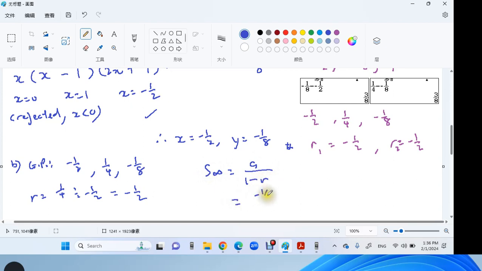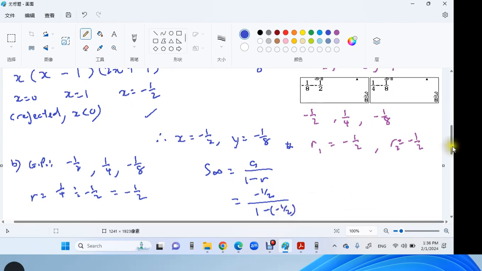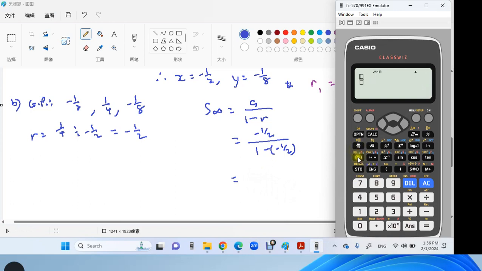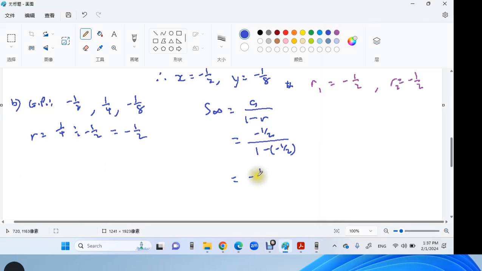So it's negative 1 over 2 over 1 minus negative half. Okay, so it will be 3 over 2, so it's negative 1 over 3. So we have negative 0.5 and then 1 plus 0.5. Yes, negative 1 over 3.